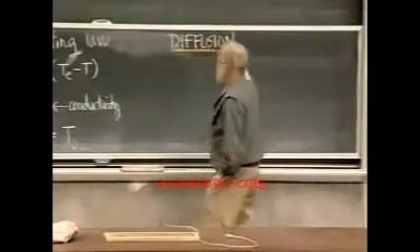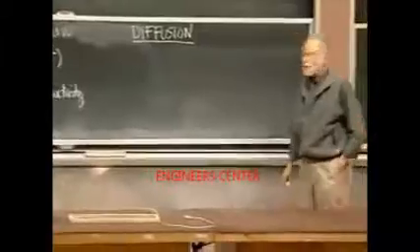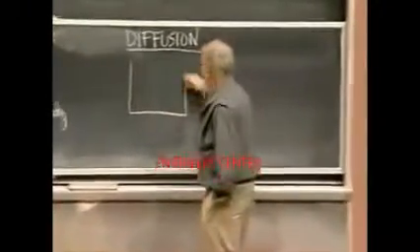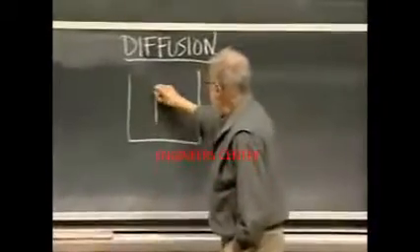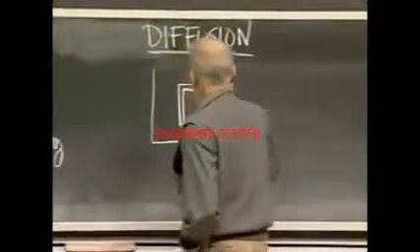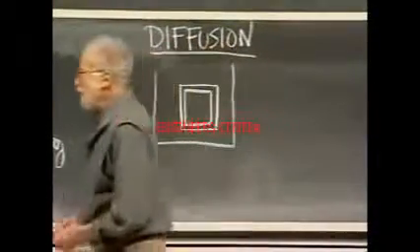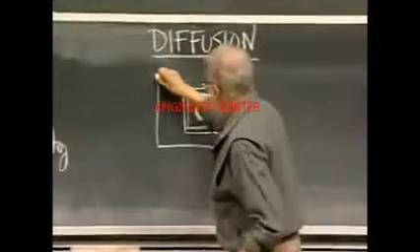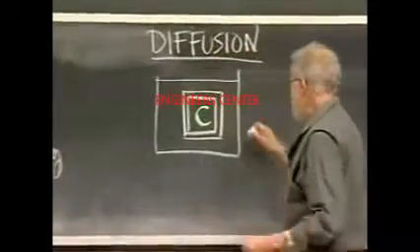The diffusion model mathematically would be word for word the same. The only difference is that now, I'll draw the picture the same way, except now I'm going to label the inside not with a T but with a C. C for concentration. It's in an external water bath, let's say.